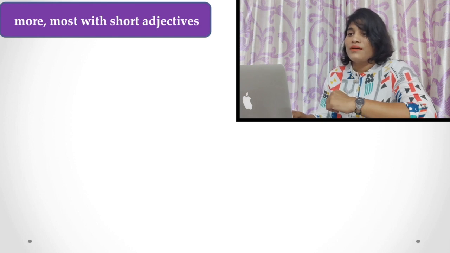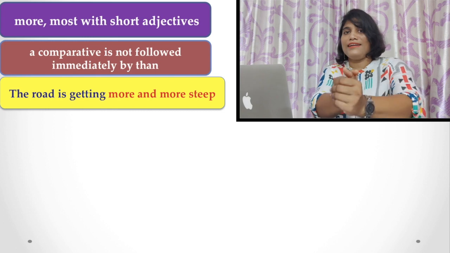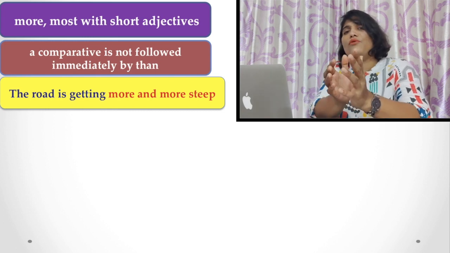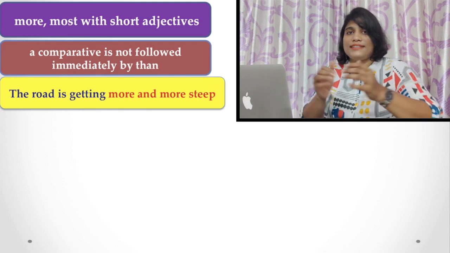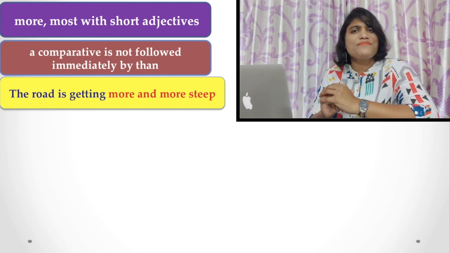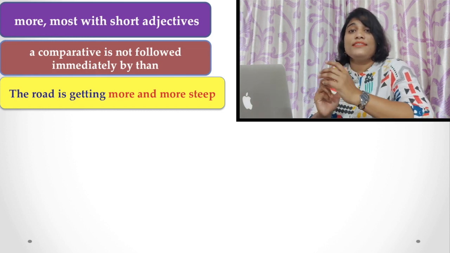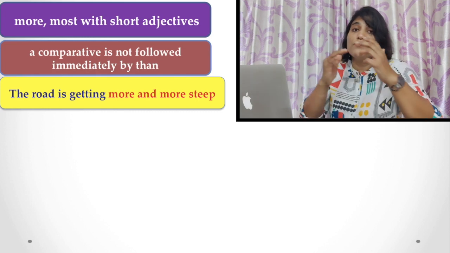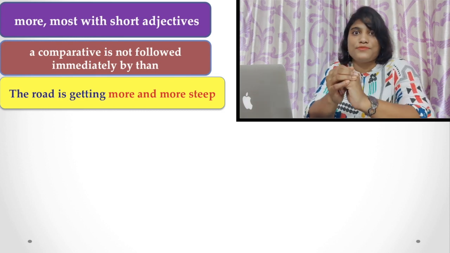Now, I have told you in my previous slide that you have to use more or most in case of the longer adjectives. But there are some exceptions too. This is the interesting point of this video, that this more and most are sometimes used with short adjectives also.